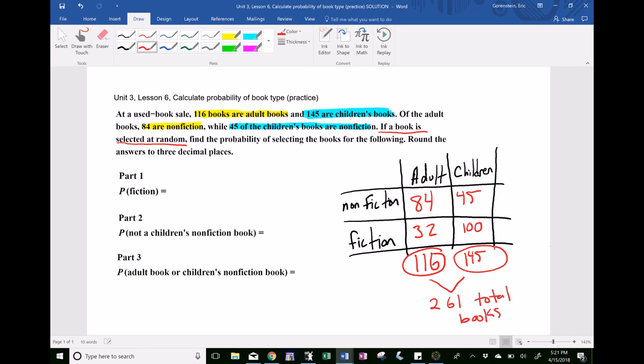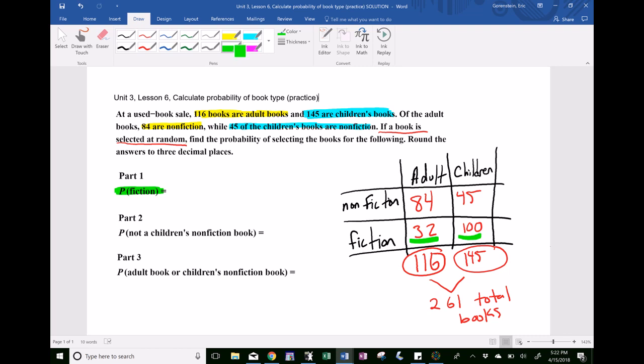Okay, so if one book is selected at random, what's the probability it's fiction? So fiction, that's down here. Let's use green for part one. We have 32 fiction from the adult books. We have 100 fiction from the children books.